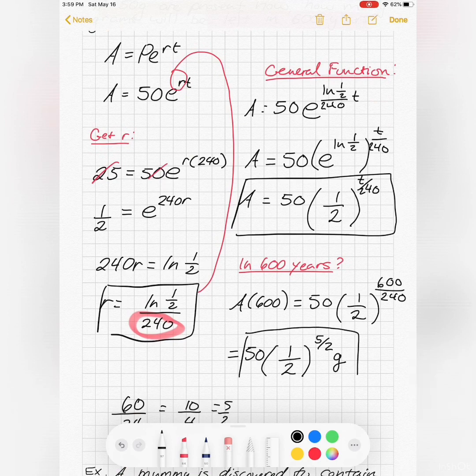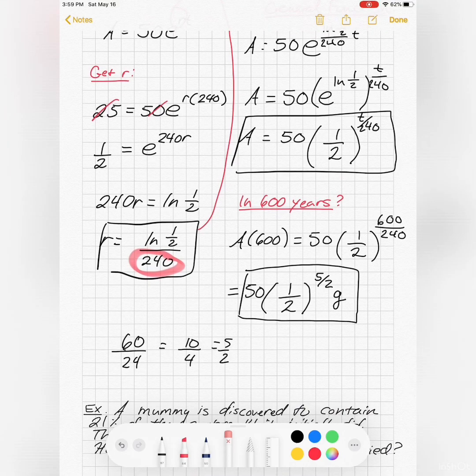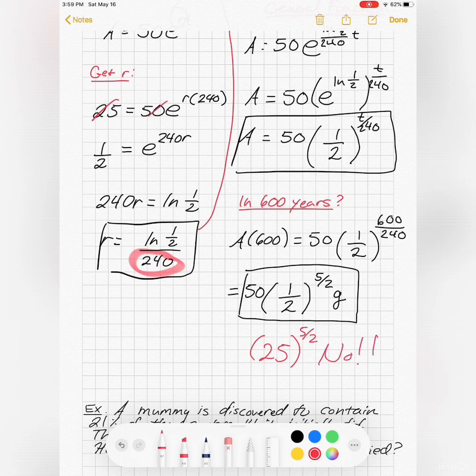So in 600 years, there's my total number of grams. Okay, now notice I can never actually multiply the 50 and the 1/2 together. No, right? Because the 1/2 is under the exponent, the 50 is not. So I could not do that.